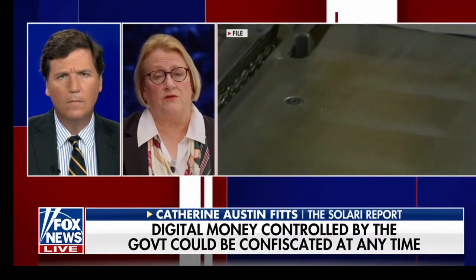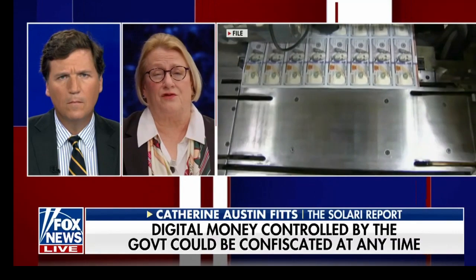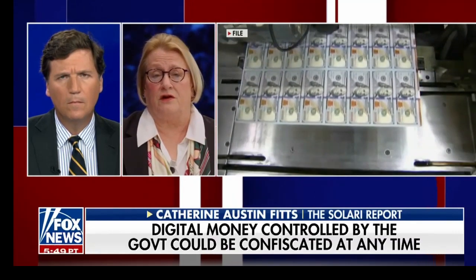The important thing to understand is central bank digital currencies are not currencies. It's a financial transaction control grid, and it gives the ability for the central bankers, and they've said this publicly, the ability to not only set the rules centrally, but enforce the rules centrally. If you don't behave, you can have your money turned off.